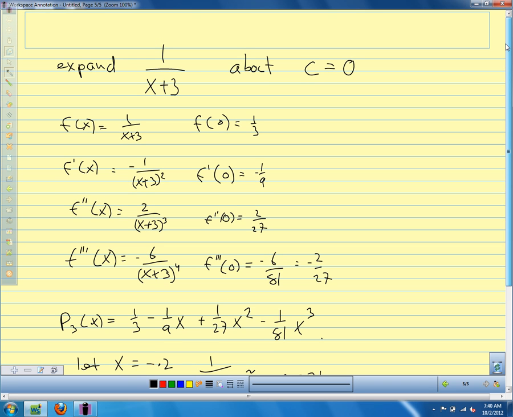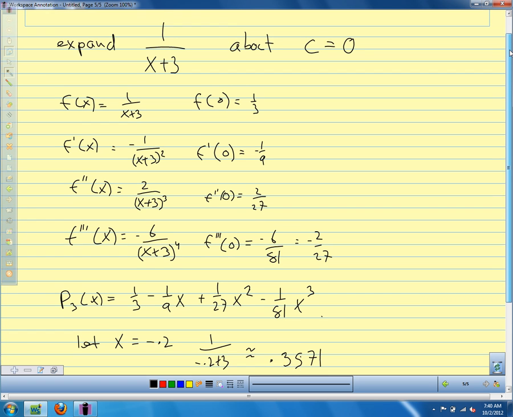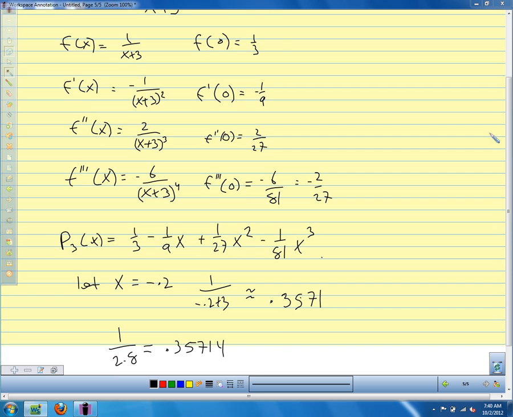And if we would have done what Mehmed said, what was your suggestion? Expand 1 over x about x equals 2.8, then we would have an even better approximation. Our calculations would have been a little more difficult, but we would have gotten a better approximation.